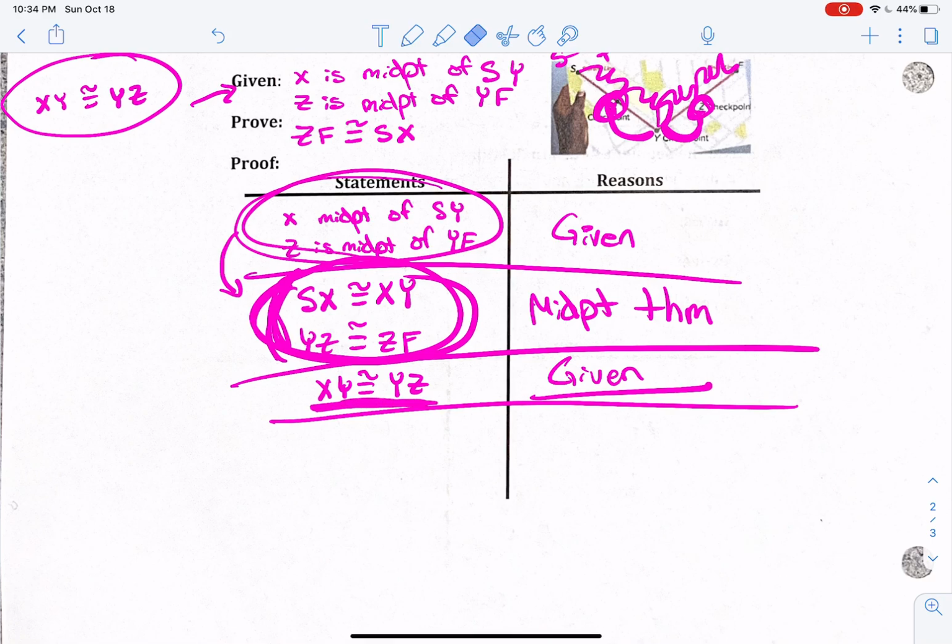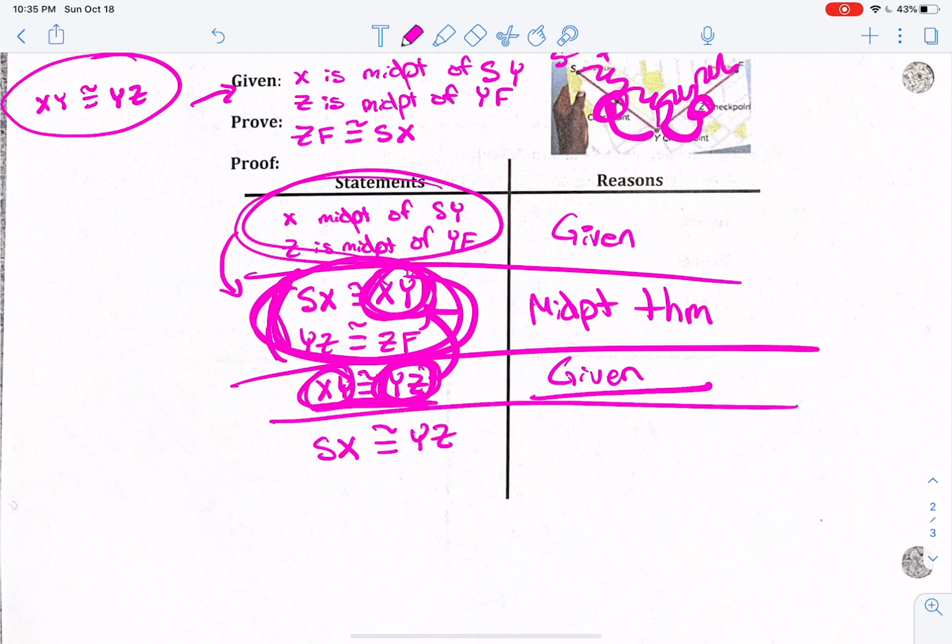Well, I know that YZ is the same thing as XY. XY and YZ are the same thing. So if this is XY up here, I can plop YZ in its spot. So SX, instead of being congruent to XY, I can put YZ in that spot because that's what it's equal to. That's what this piece of information says.